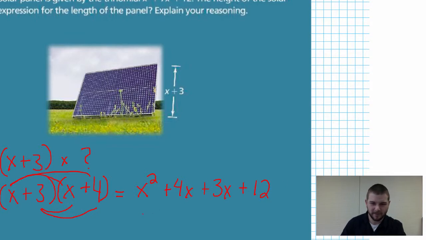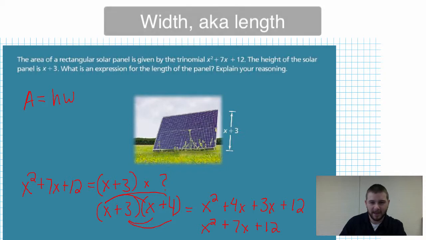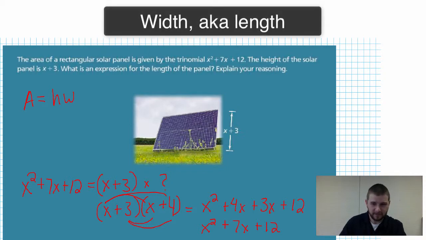Combining like terms, we find exactly the solution we were looking for. Therefore, the binomial x plus 3 times the binomial x plus 4 gives us the area we wanted, and that tells us that the width of this solar panel must be x plus 4 units.